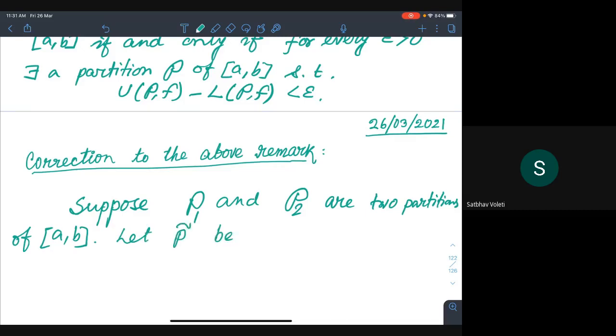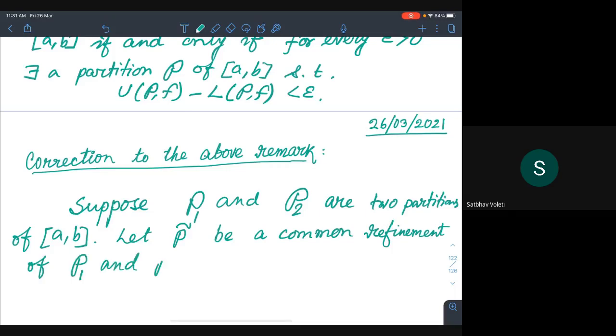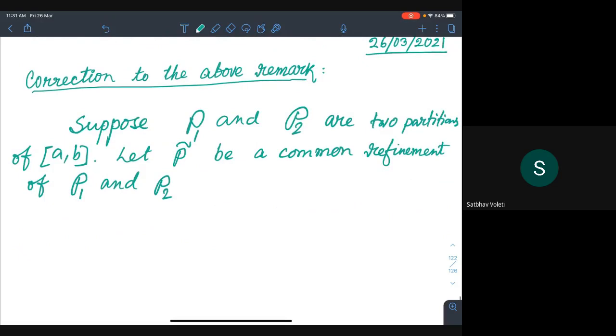And let P tilde be a common refinement of P1 and P2. So what we have is the lower sum for the partition P1 is less or equal to the lower sum of f for the partition P tilde, because P tilde is a refinement.